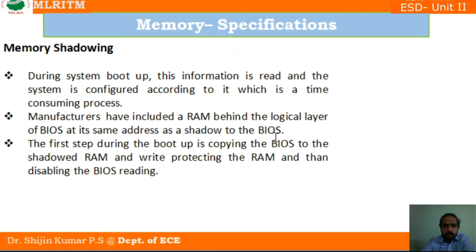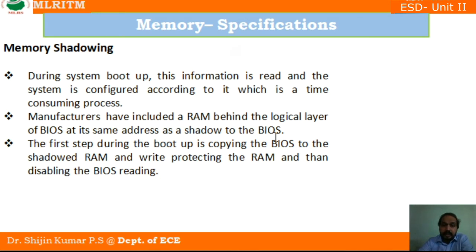Then the original BIOS, that is the ROM, will be read protected, that is, it will be disabled, so that all the configuration data will be provided by the RAM only. What is the purpose of this?